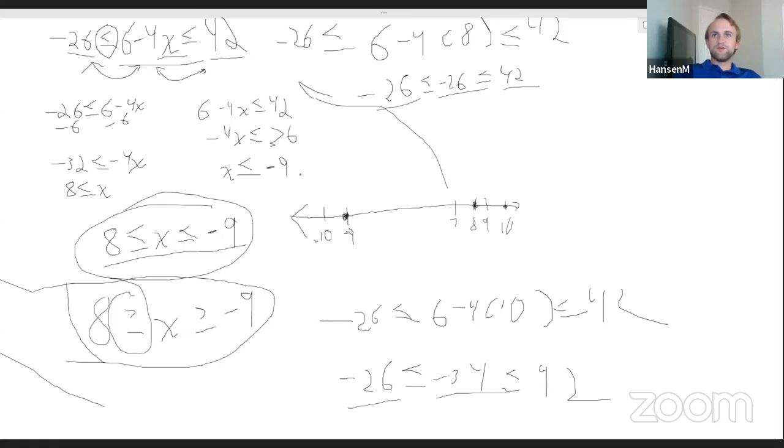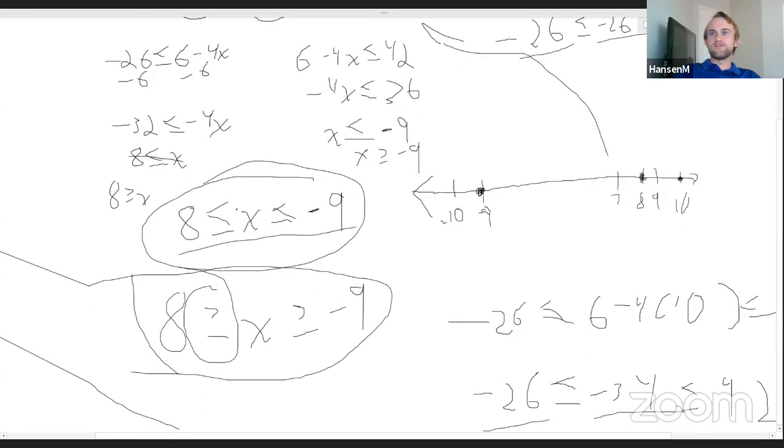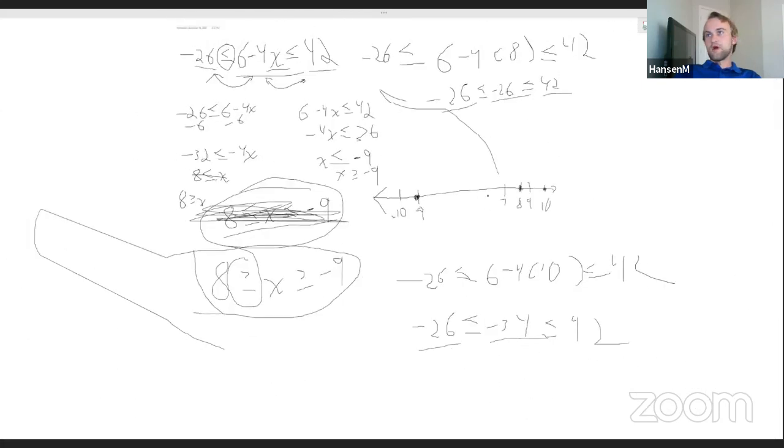So whenever you do divide by the negative, we would need to flip both these signs in order to make that make sense. So this would be 8 is greater than or equal to x, and then x is greater than or equal to negative 9. Because you're right, this original answer didn't make any sense. But otherwise, the concept holds true where we did solve for the correct ranges.